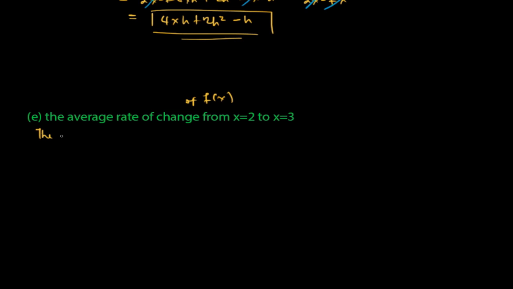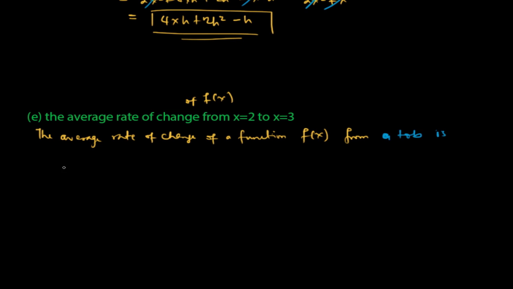The average rate of change of a function, say f of x, from a to b is given by f of b minus f of a, sorry, this should be b, divided by b minus a, like you're finding the slope. That's how it looks like.